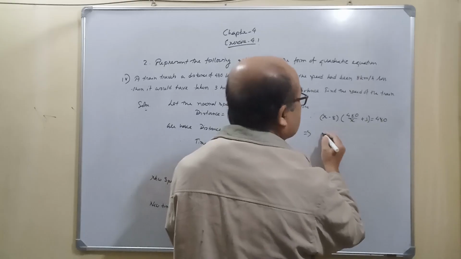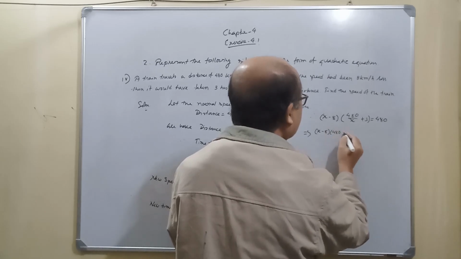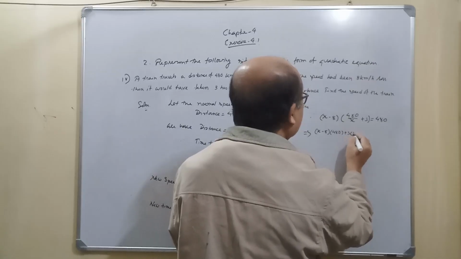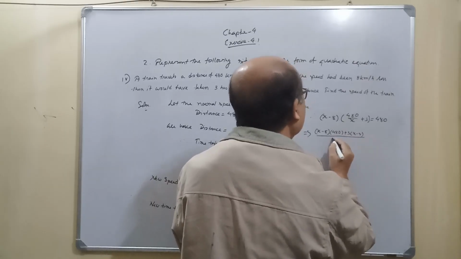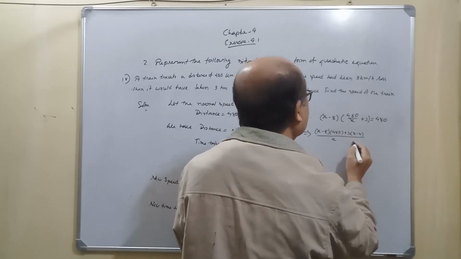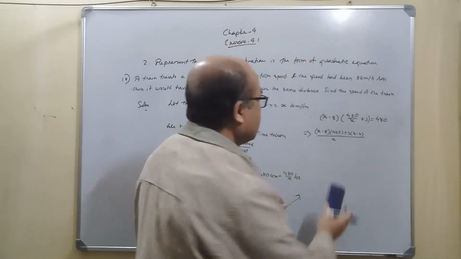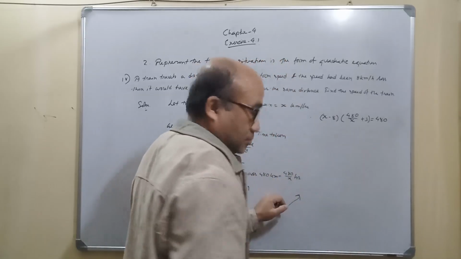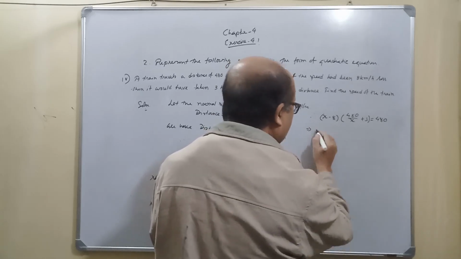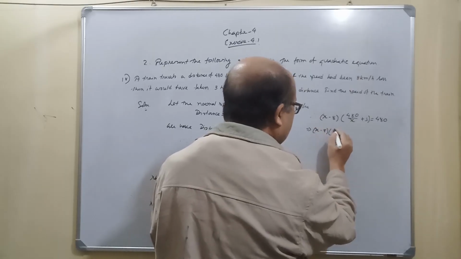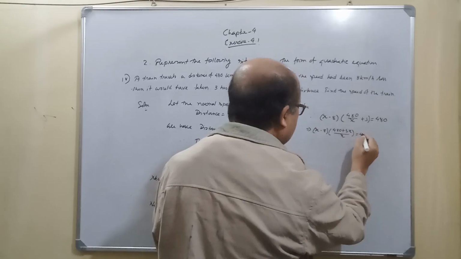So let us solve it for x. What do we get? x minus 8, 480 plus 3x by x is equal to 480.